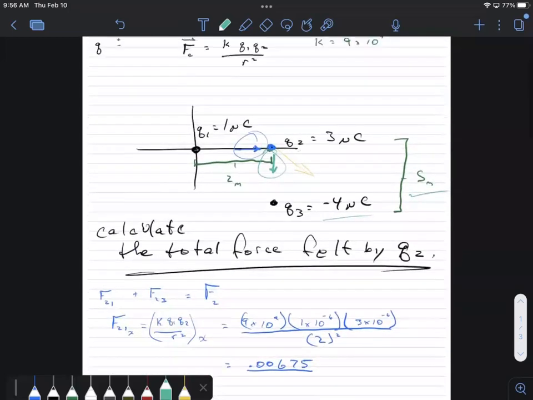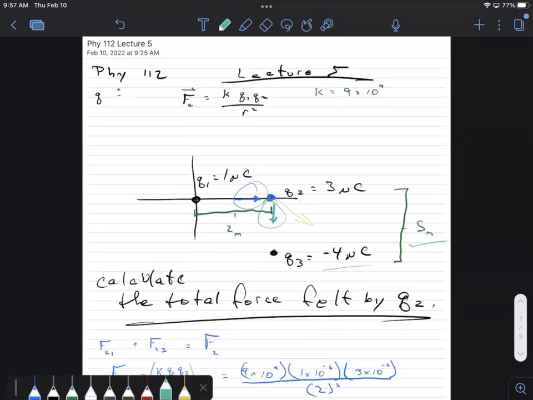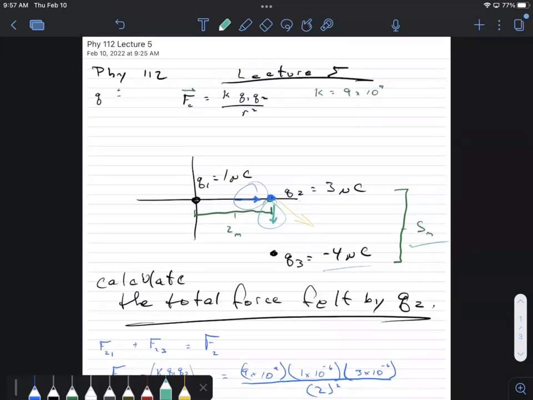Now, one thing I'll remark, because I've seen it in past semesters, is particularly with respect to the directions, whether these forces are positive or negative and things like that. Sometimes people will question, well, yeah, charge 2 is being pushed to the right because of charge 1, but charge 1 is being pushed to the left, and we're not putting anything about that in my problem here.